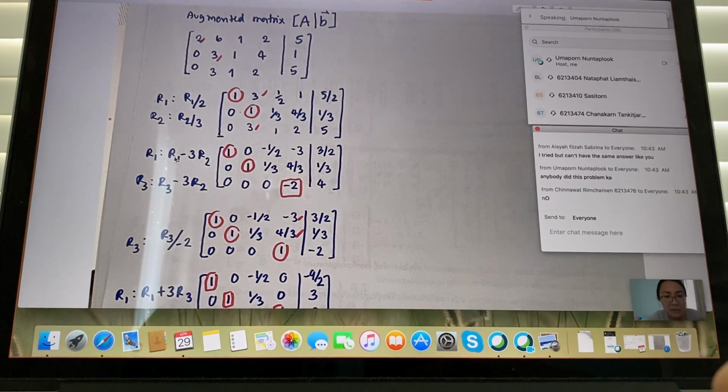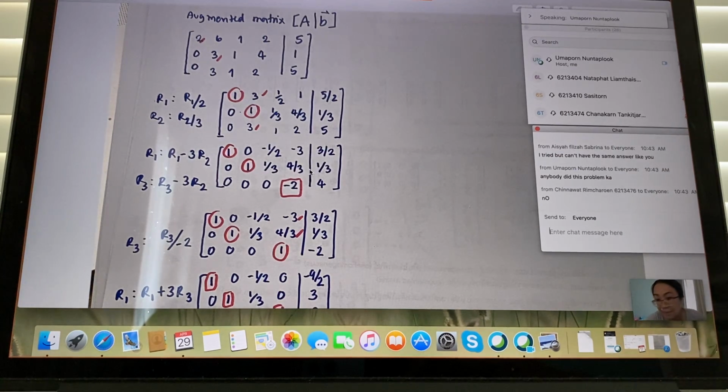Therefore, in row 1, I just take R1 minus 3 R2. To make it become 0, I have to subtract 3 of this number. So I get the whole R1 subtract 3 of R2, and this is what I get for R1.